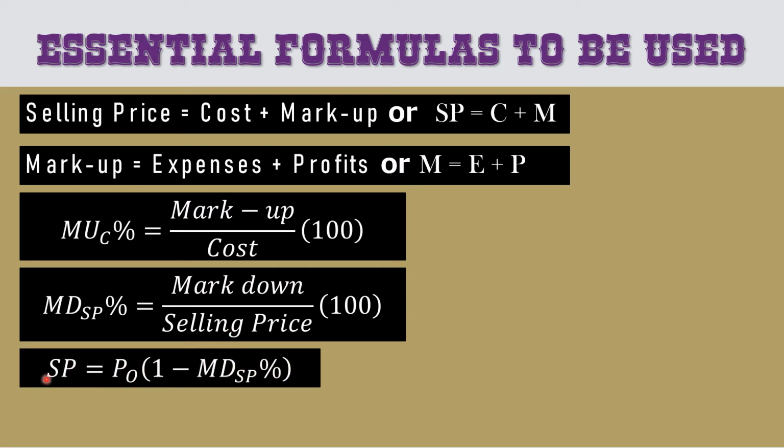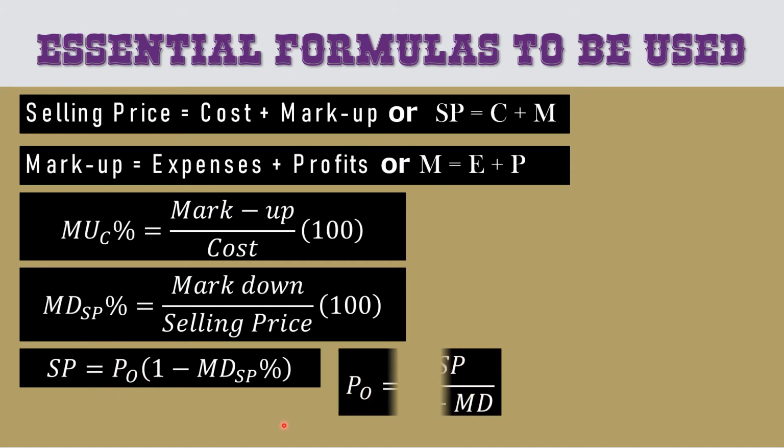And then we also have another formula for the selling price. This is denoted by capital letter SP, that is equal to P sub O, the original price, multiplied by 1 minus markdown rate based on the selling price. Out from this formula, we can also derive another formula solving for the original price.